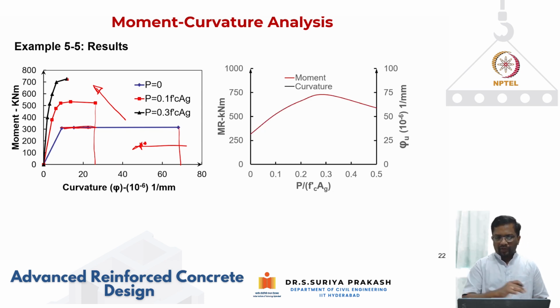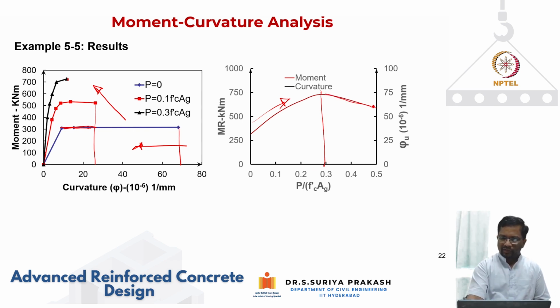But here, if you start plotting your moment resistance with respect to the level of axial compression, this is what it is. Up to 0.3, you get an increase in your moment capacity. The moment you put more than 0.3 for the section that we have considered, you see that the moment resistance starts reducing, because we have done the calculation for 0.4 and 0.5 also. So this is the plot.